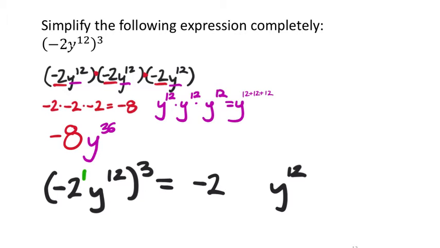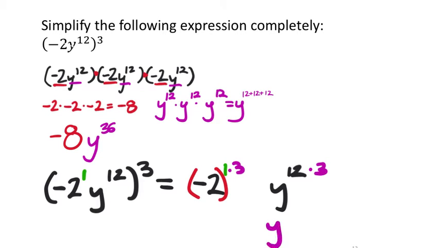I'm going to show it as y to the power of 12, and even negative 2 to the power of 1. And I will want that negative 2 in parentheses, by the way, because as a base it was in parentheses here.